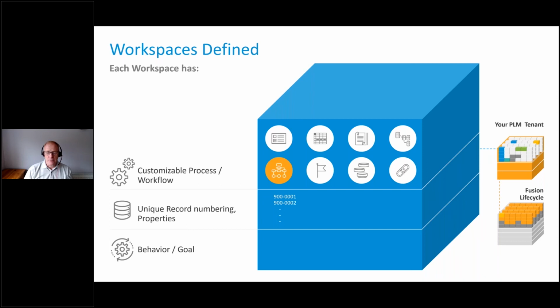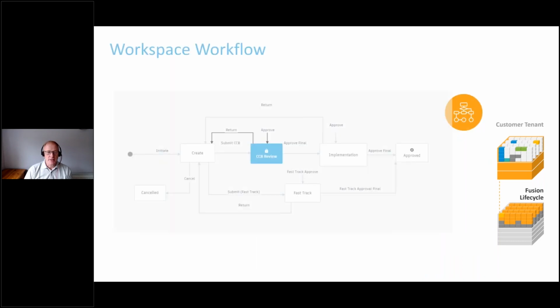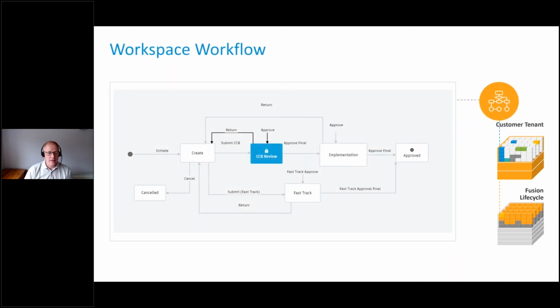And then with all of this customizable process and workflow, you have a graphical method of displaying, managing and modifying that. It gives you a map of all of the various different stages and the gates and steps that the process goes through. So you have a clear, easily understandable map of your process.